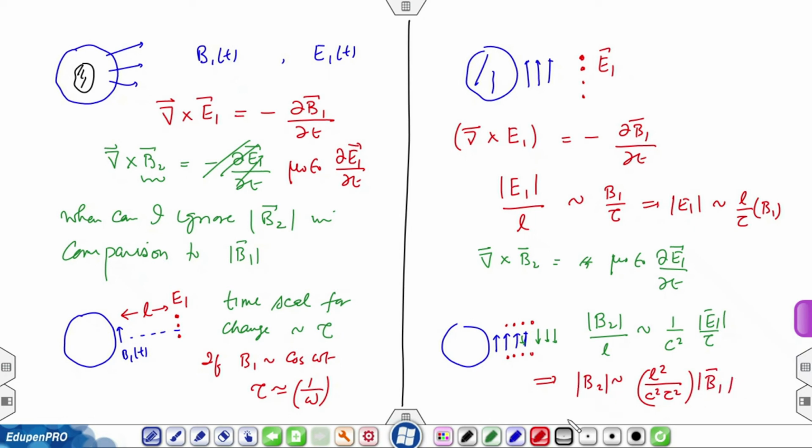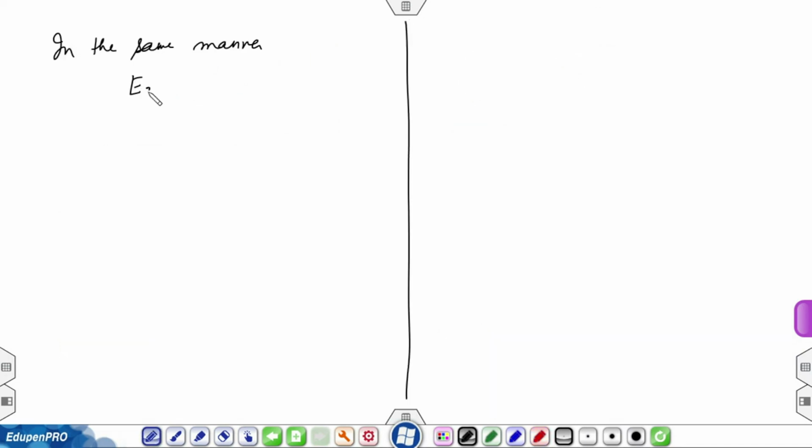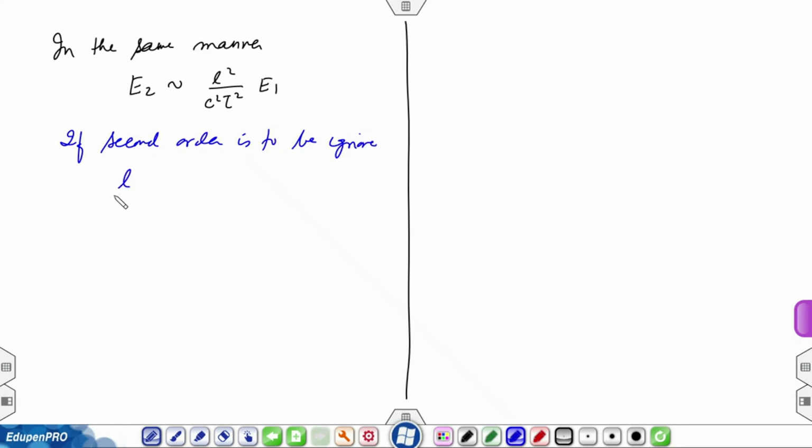In the same manner, you can argue for E2. You can show that E2 is of the order of L square over c square tau square E1. If second order is to be ignored, then L over c tau better be much less than 1.